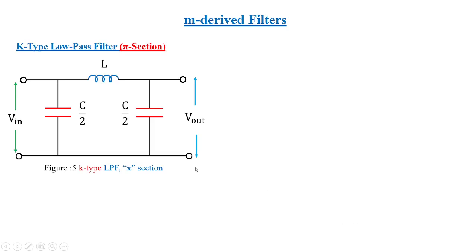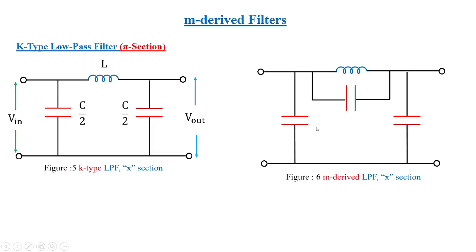So anyhow, rearranging the concept of K type low pass filter pi section, we are going to get the same thing, that is the arm which is in series, which is shared here for the parallel legs, that is ml, and that is 1 minus m square by 4m multiplied with c. This is the resultant of pi section.